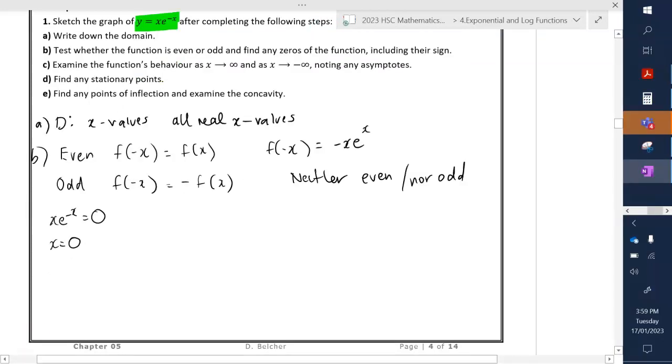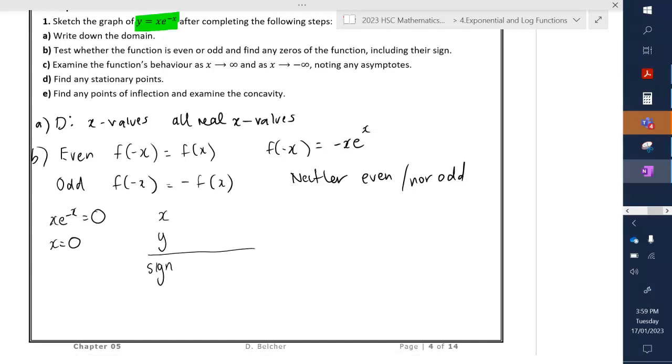When we're looking at the sign of the function, what we're doing is we're putting in our x and y values and figuring out what the sign is, either side of our function, at the 0 value. So our 0 is on x, our 0 is 0, and that's our x value. We want to look at values either side of 0. So I'm going to pick 1 and I'm going to pick minus 1.